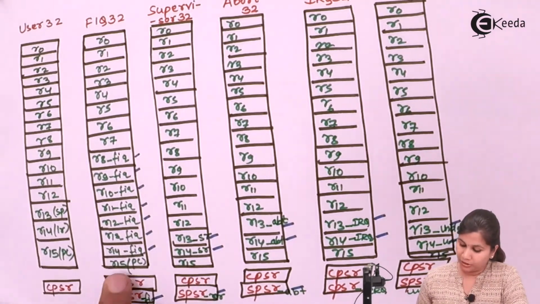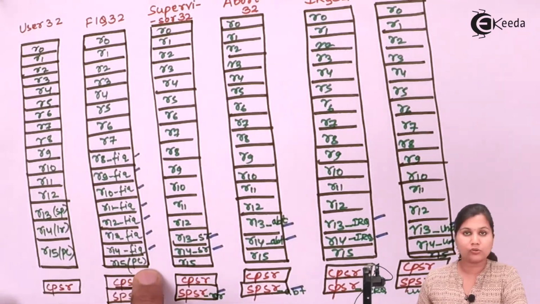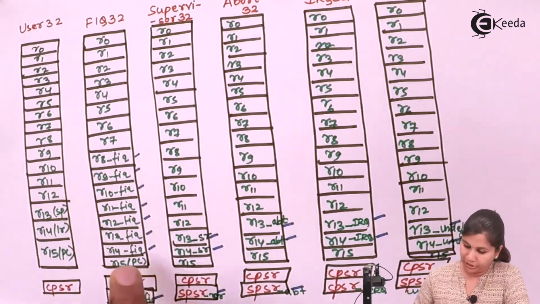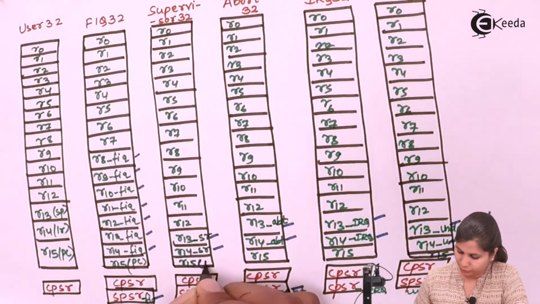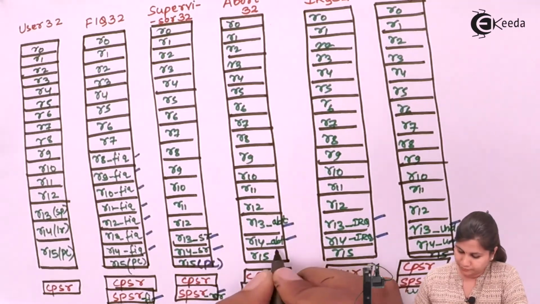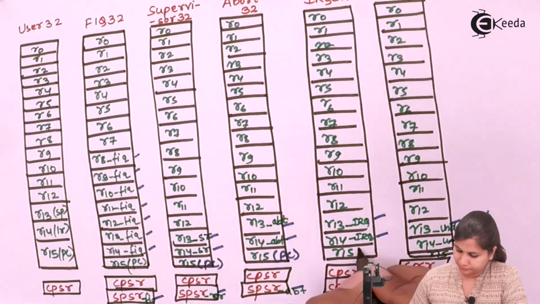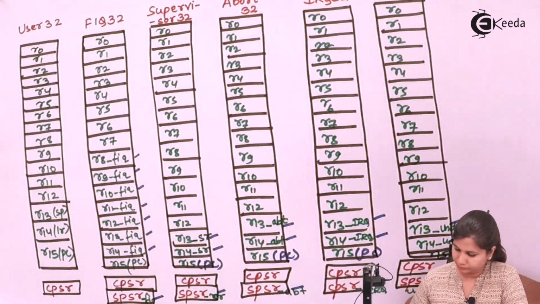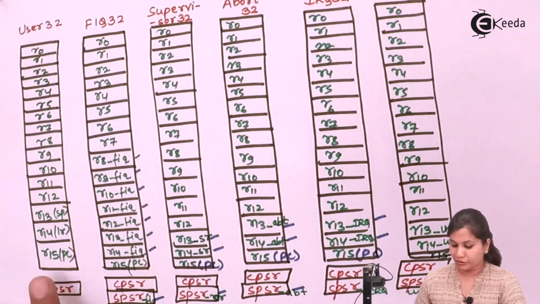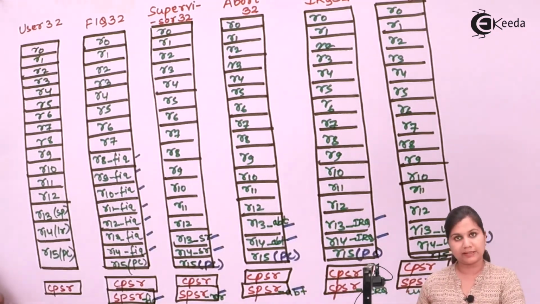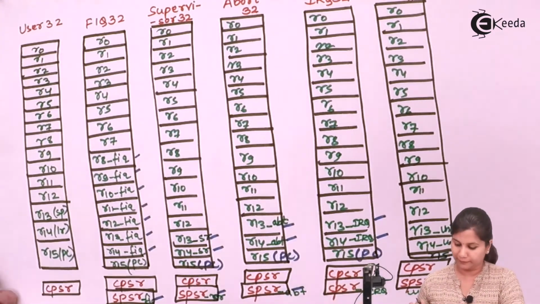Now here in this FIQ 32 mode, R15 is used as the program counter. In the supervisor mode, again R15 is being used as the program counter. So the function of the R15 register is specific, it will be used as the program counter.